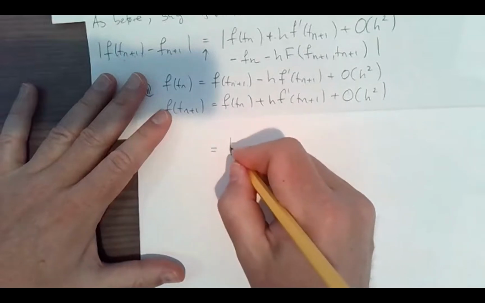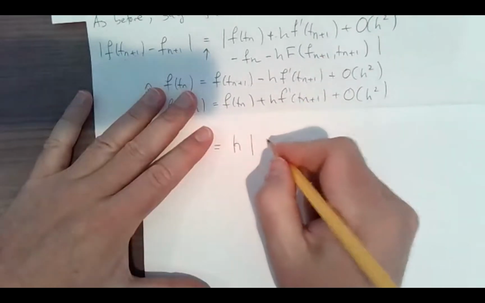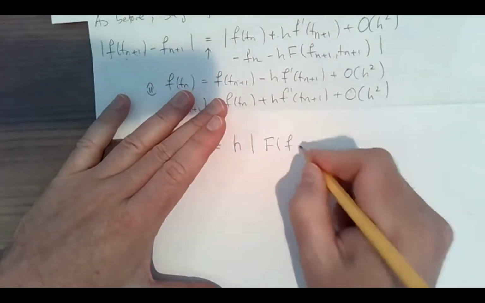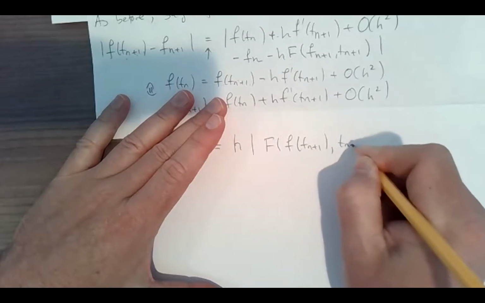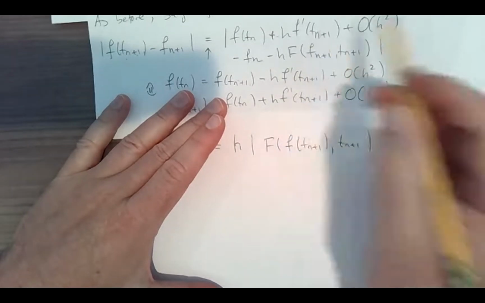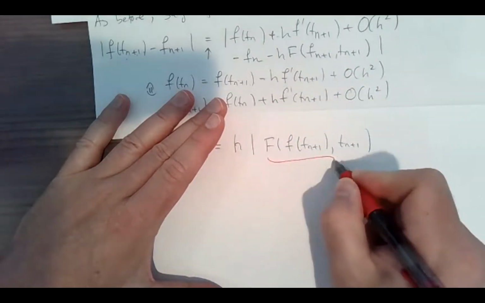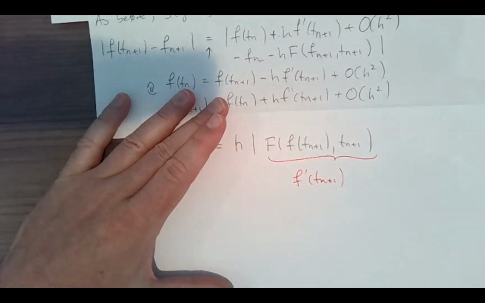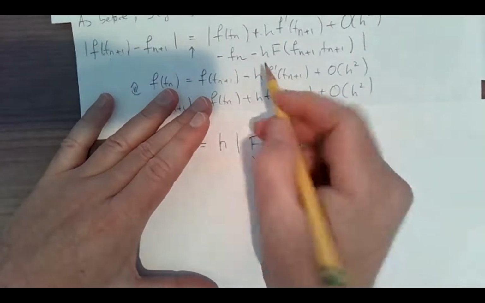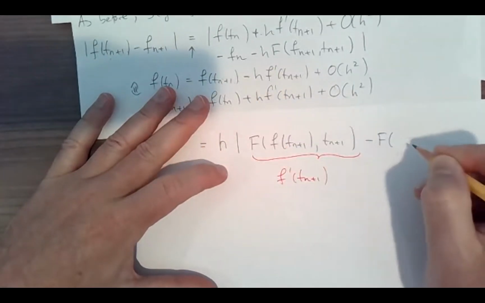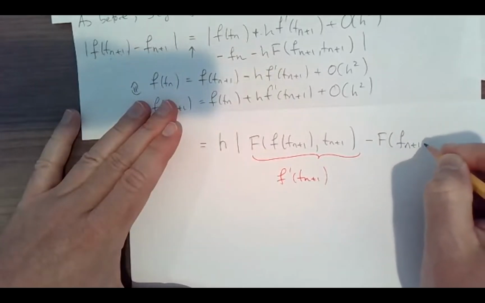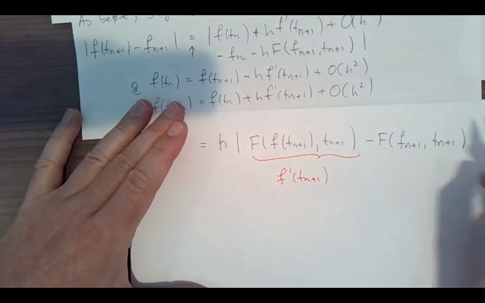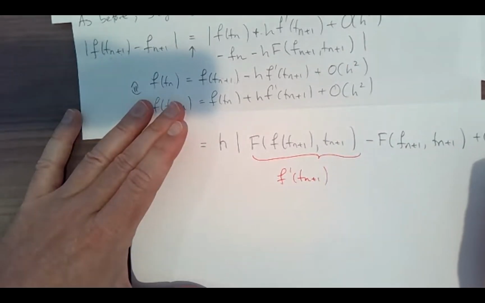So we will end up with an h times f evaluated at t_{n+1}, this was my f prime, t_{n+1}, minus, and the h is outside. So here we have f_{n+1} at t_{n+1}. And the correction term is inside. This is O of h squared.